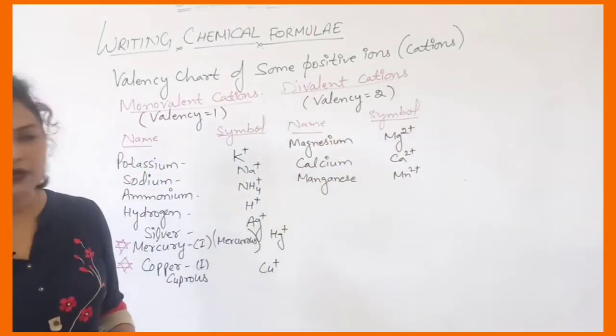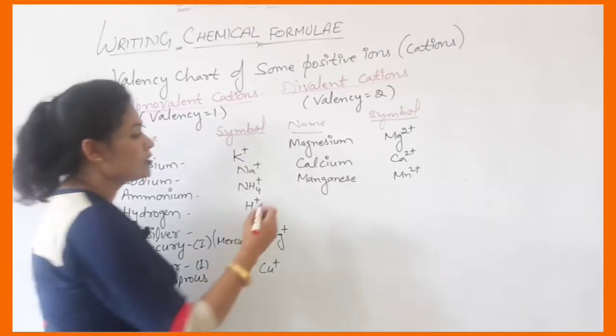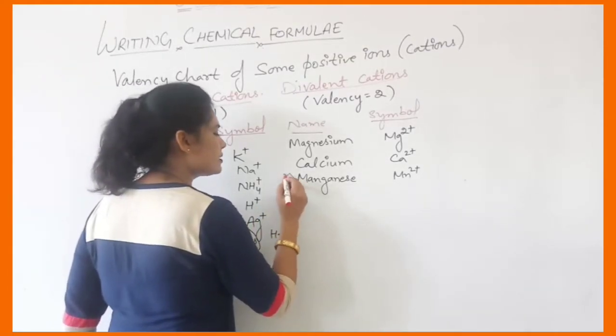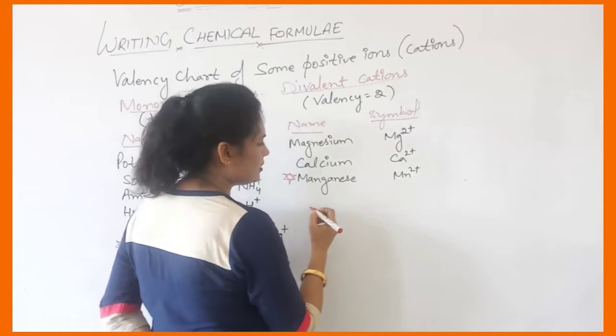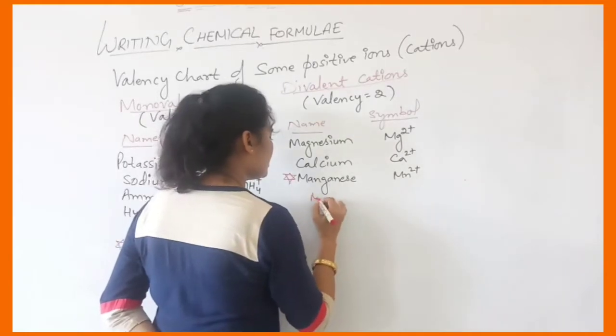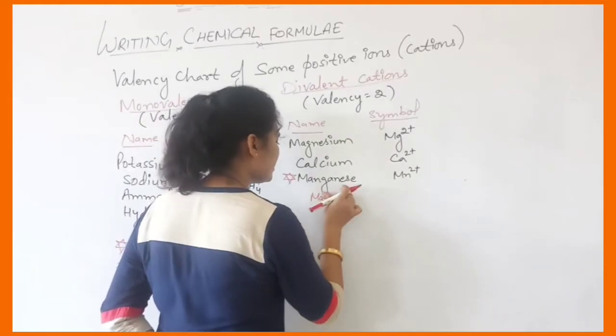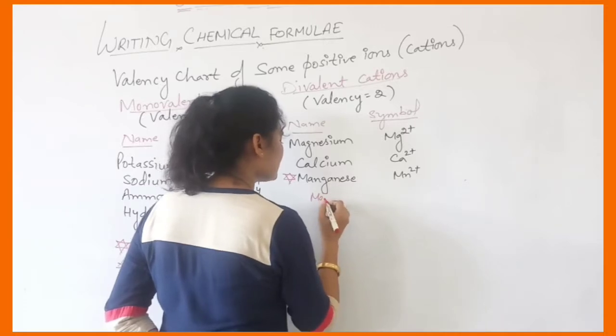Manganese also shows variable valency, so we can make a star here, and that is known as manganous.